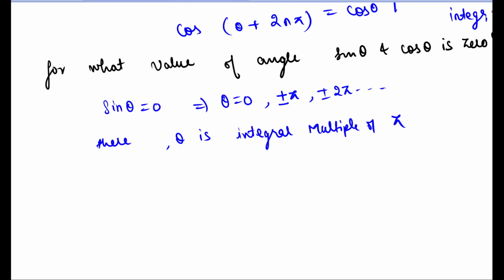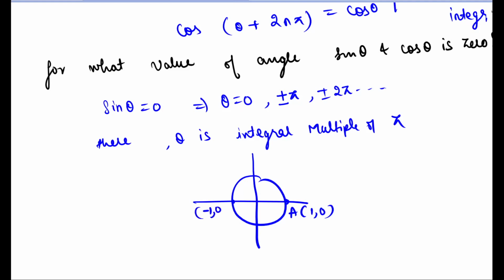We can also see from the figure, if we draw a figure, this is a circle and this is point A whose coordinates are (1, 0), and point C whose coordinates are (-1, 0). So this is theta equal to 0 degrees and point C is theta equal to 180 degrees or pi.